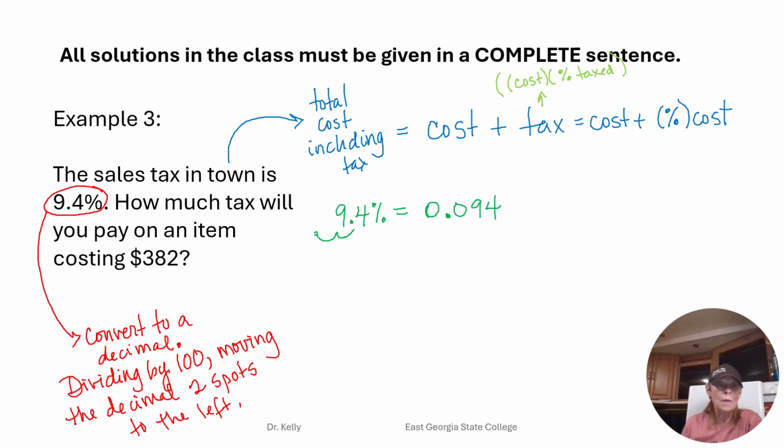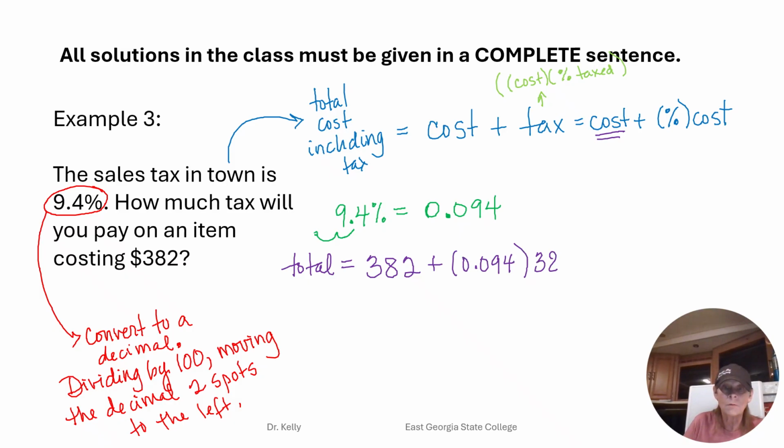Okay, so that is my sales tax, and so my total here is going to equal our 382, so that is our cost of our item, plus our percent, 0.094, times the cost of our item.